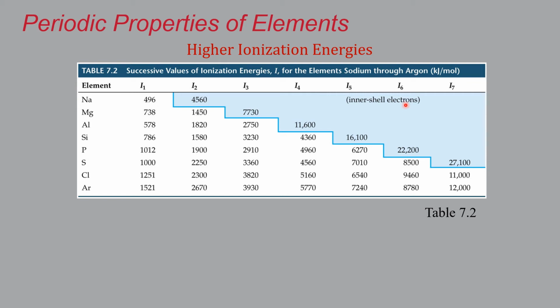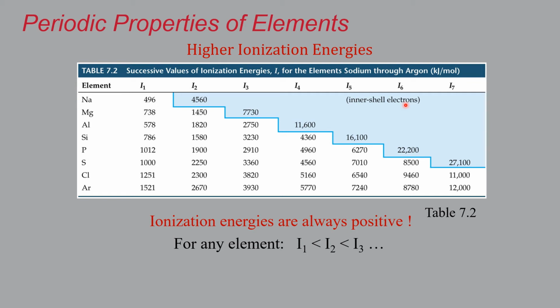Now, a couple of things to notice. First of all, they are always positive. That's because you're always taking an electron, a negatively charged particle, away from an increasingly positively charged particle. And for any element, they always increase. The first one is always the smallest, followed by the second, followed by the third.